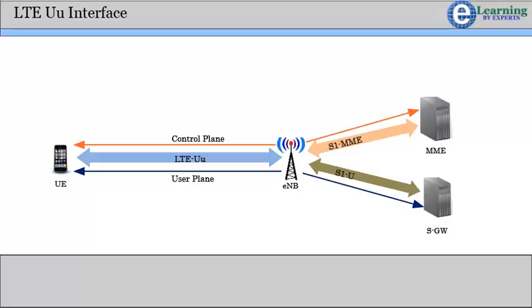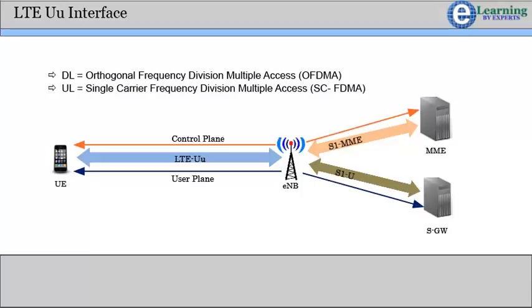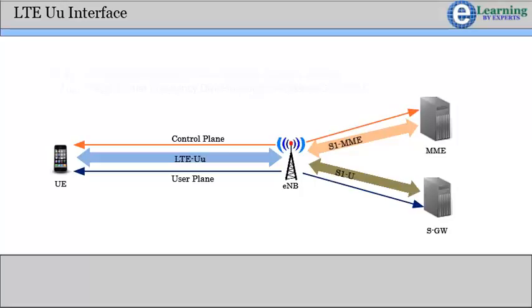The physical layer in LTE is based upon orthogonal frequency division multiplexing, OFDM, using orthogonal frequency division multiple access, OFDMA, in the downlink, and a variant of this called single carrier frequency division multiple access, SC-FDMA, in the uplink.